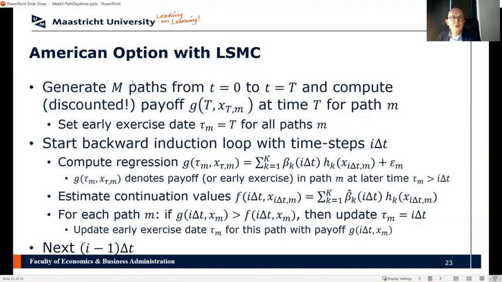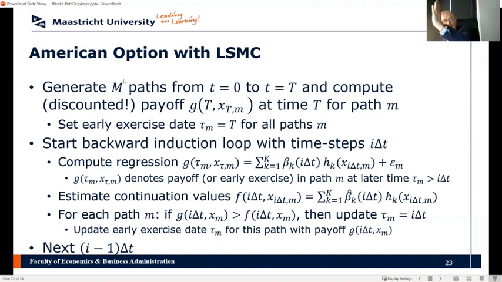So how do we compute an American option with least squares Monte Carlo? I start by generating capital M paths of, let's say, my stock price going from time 0 to time capital T. M is typically a large number like 10,000 or 100,000.